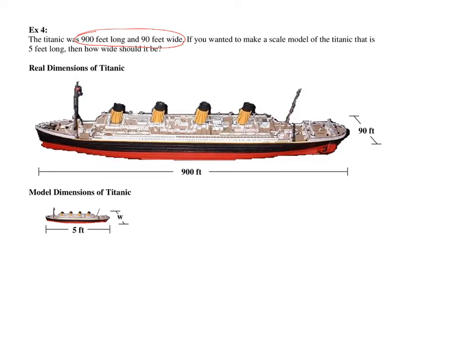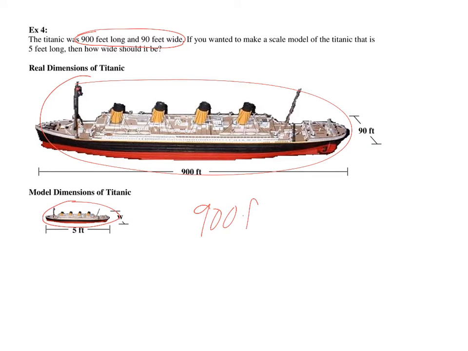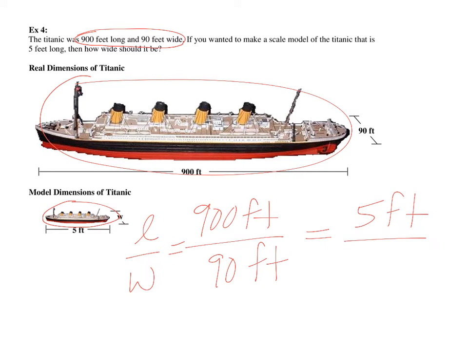If I took the Titanic and shrunk it down, we should have this type of proportion. 900 feet, that's the length, over the width, over 90 feet, should be equal to the length of the model, which is 5 feet, over the width, which is what I need to figure out. Call that X, or W, your choice.